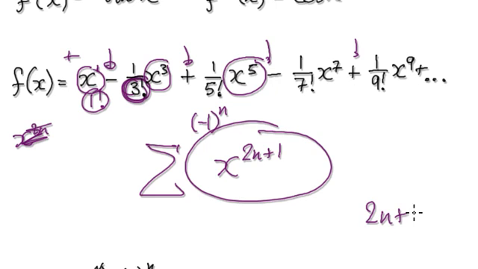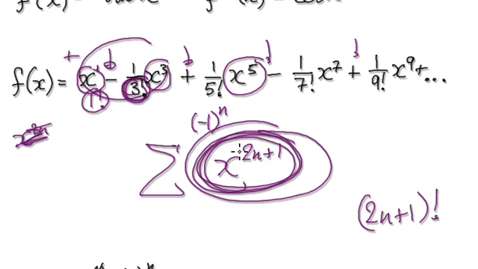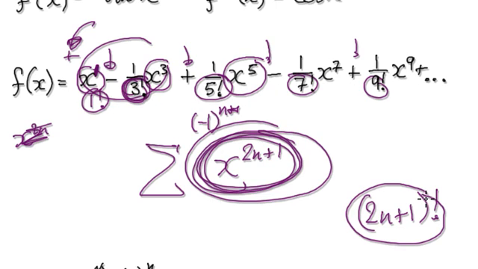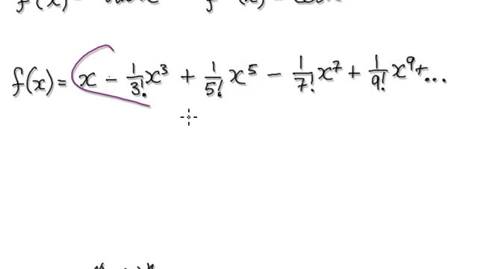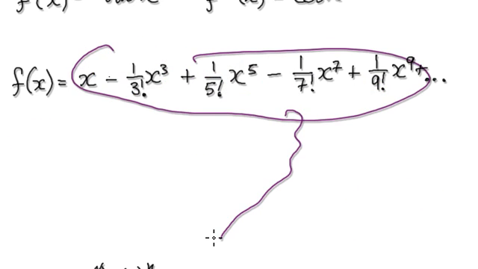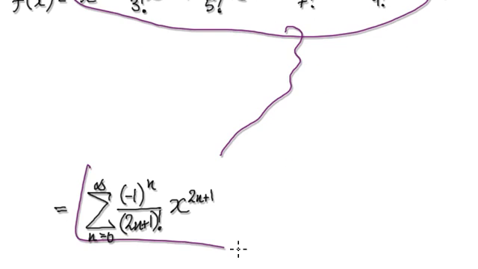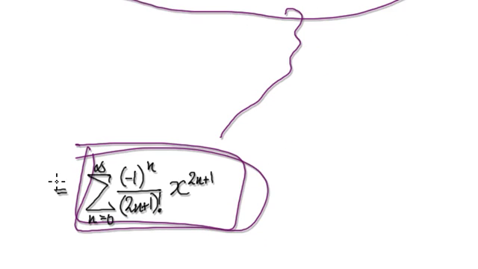So you should have 2n plus 1 factorial. So to rewrite this in summation, you know it's going to contain negative 1 to the power of n, could be n or n plus 1, we haven't decided yet. But our first term should be positive. Somehow you've got to create a positive. And somewhere in here you should have 2n plus 1 factorial. Well, if you think about it, if you rewrite it, it will lead you to this. So this here is your final answer.